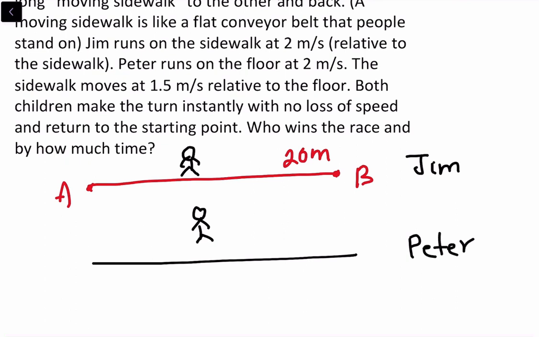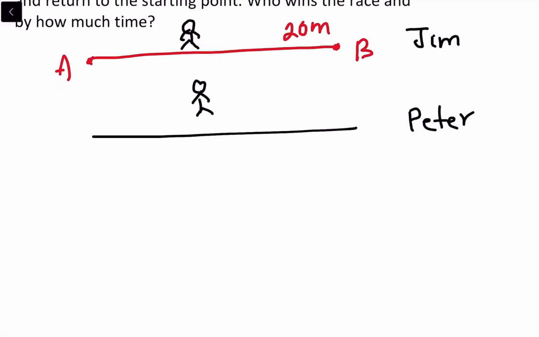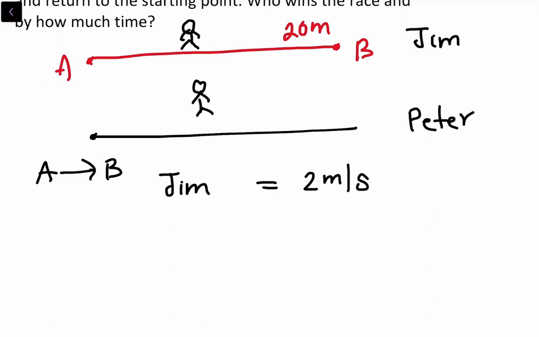Now, let's see what happens while going from A to B. Jim's speed with respect to the sidewalk is equal to 2 meters per second, that is relative to the sidewalk.